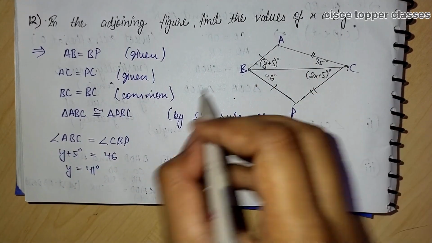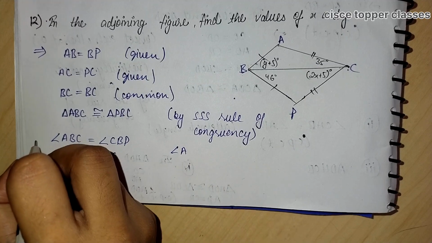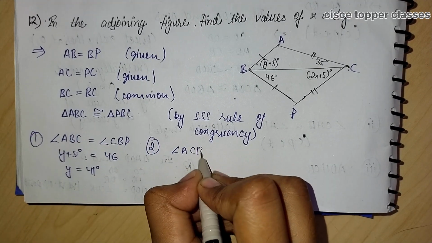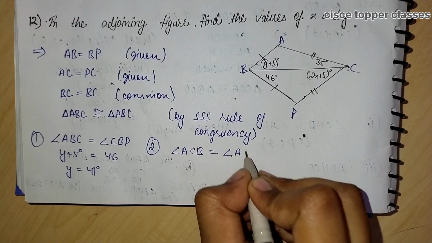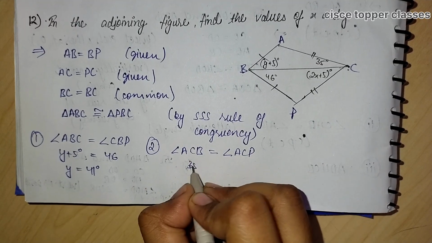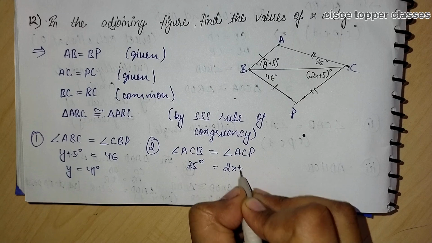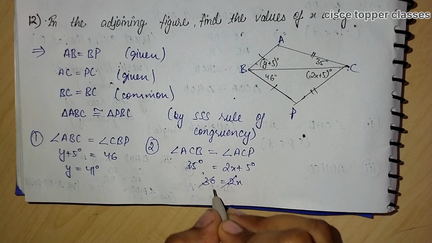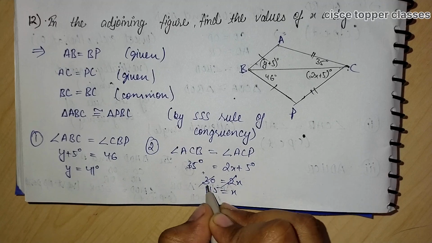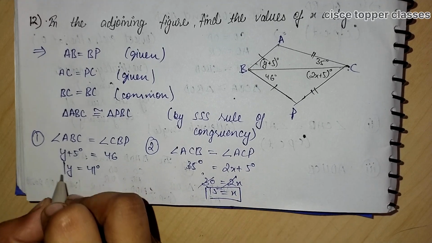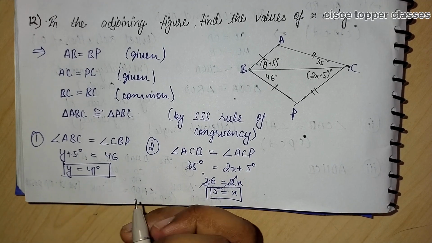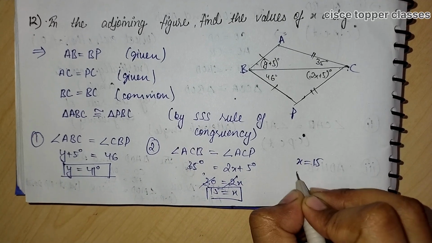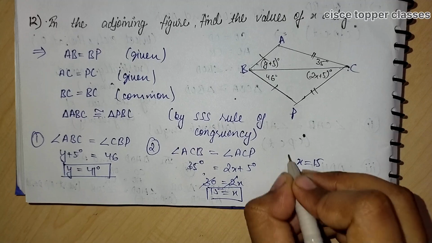And again, angle ACB is equal to angle ACP, and here this is 35 degree is equal to 2x plus 5 degree, means 30 degree is equal to 2x. So we will get 15 degree as the value of x, and this as 41 degree. So this is the answer of the 12th question. So x is equal to 15 and y is equal to 41.